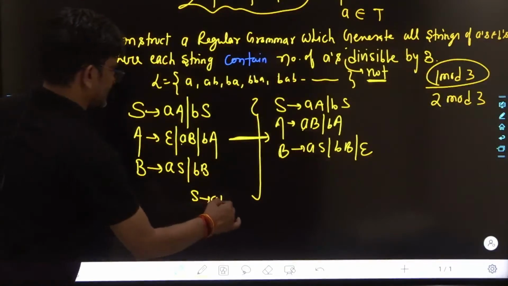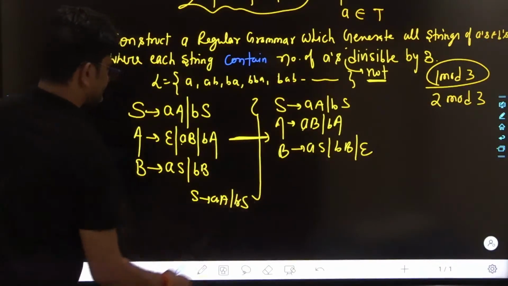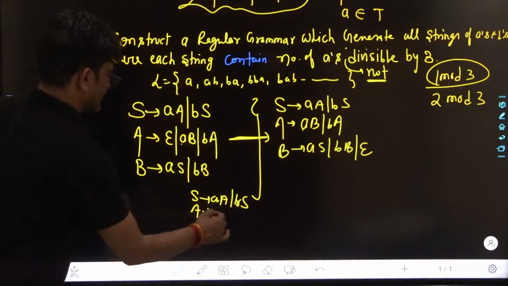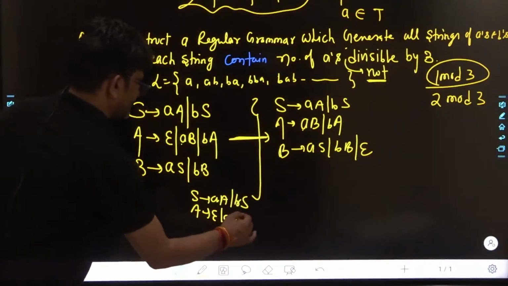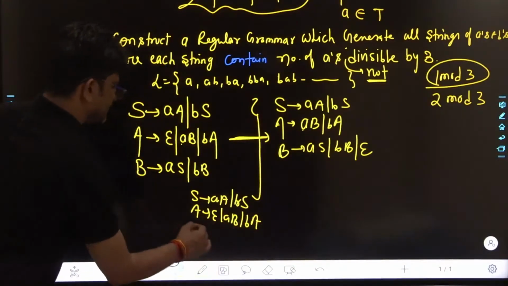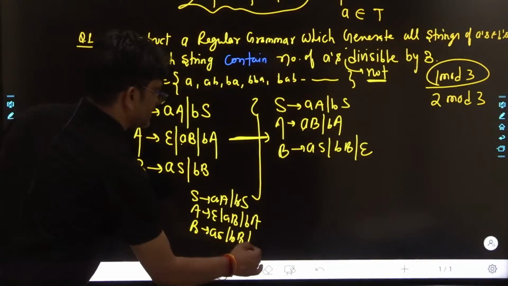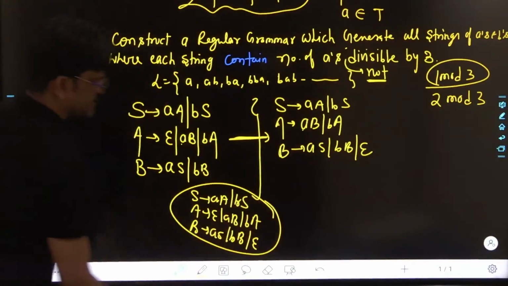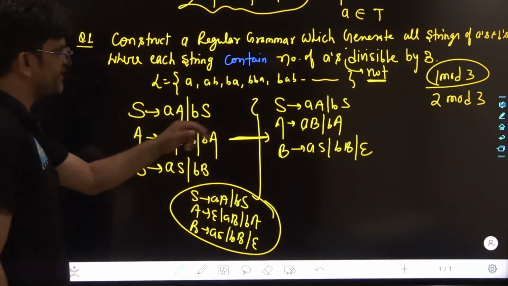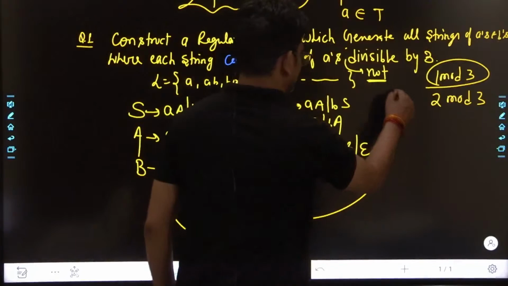S determines AS, BS, epsilon, A, B, BA. B determines AS, B, B, epsilon. So this grammar generates number of A's not divisible by 3.